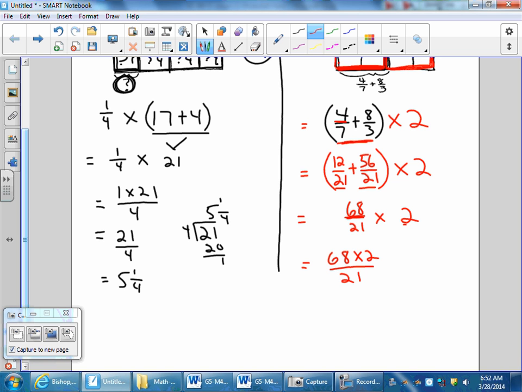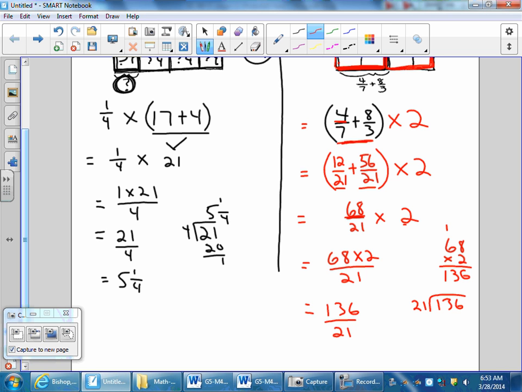68 times 2, if you need to do side work, is 136. 136 divided by 21. Again, most people will need to do standard division.